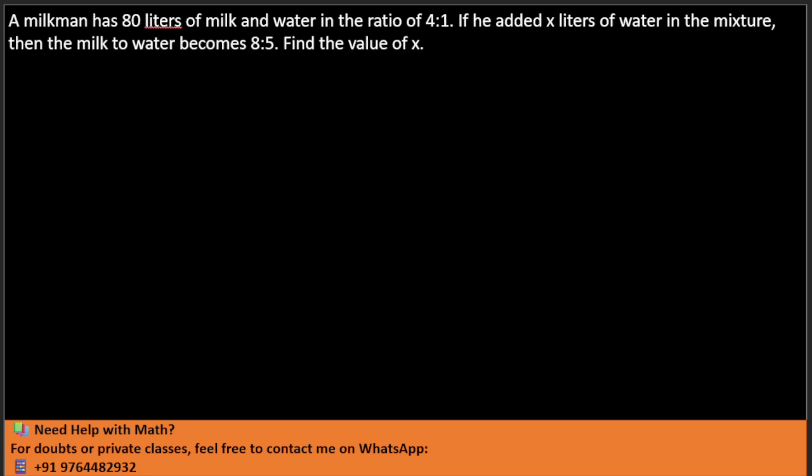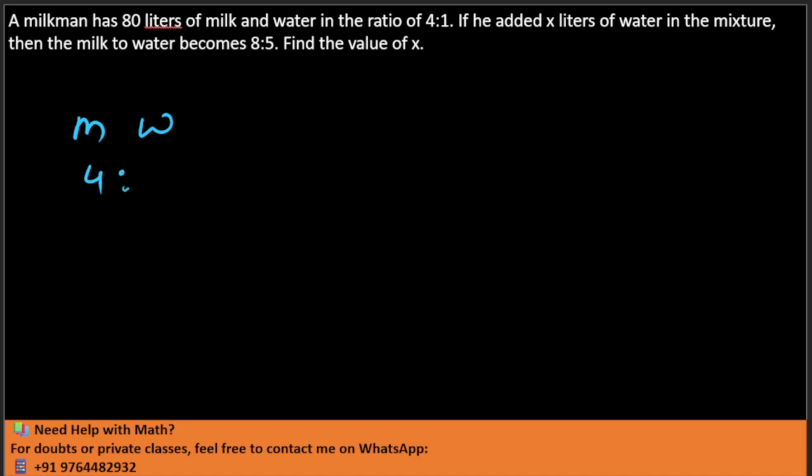Okay, the second question is, a milkman has 80 liters of milk and water in the ratio 4 is to 1. If he adds x liter of water to the mixture, then the milk to water becomes 8 is to 5. And we need to find the value of x. Again, we have given the ratio of milk and water as well as the quantity.